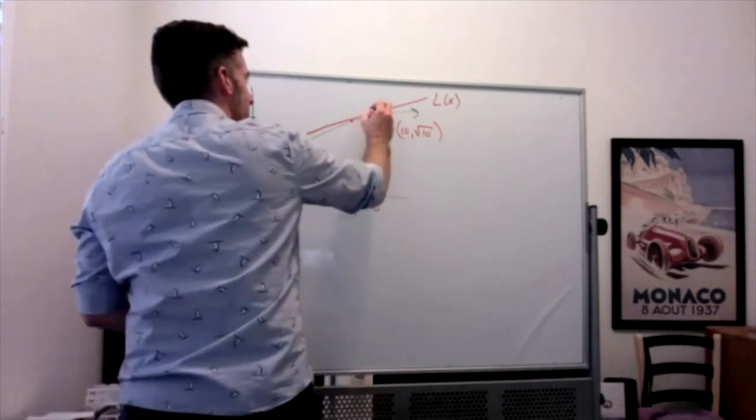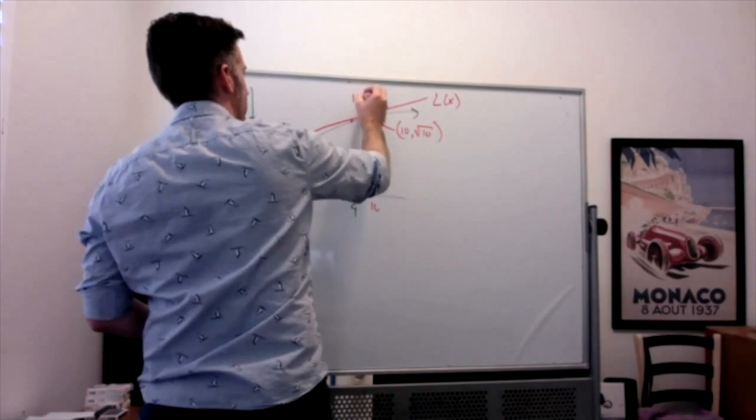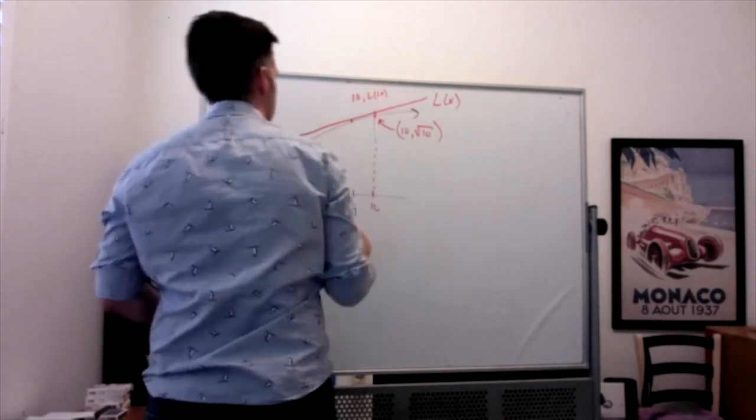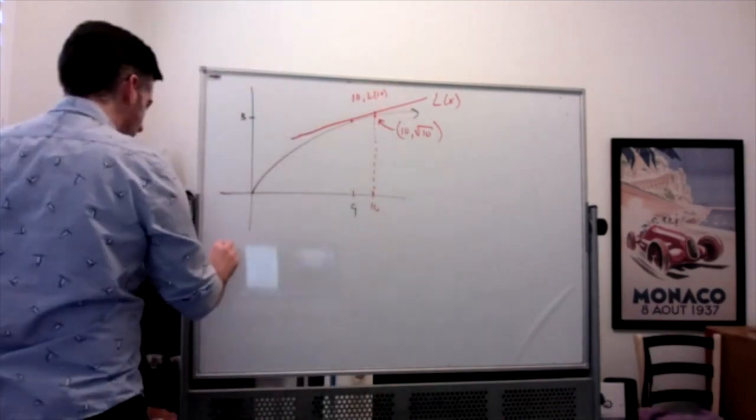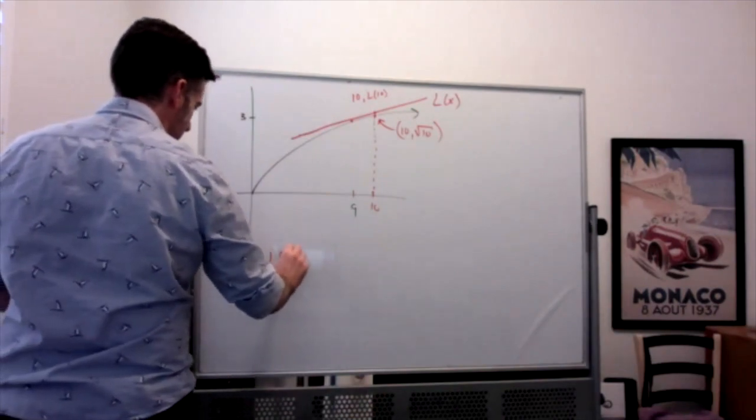We're going to go up just a little bit higher on the line and say, oh, that's the point 10 comma L of 10. And what we're going to see is that the square root of 10 can be very easily approximated by L of 10.